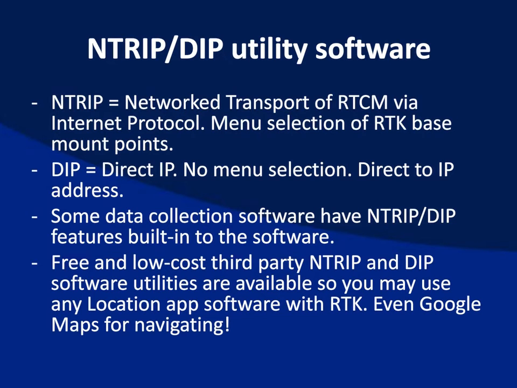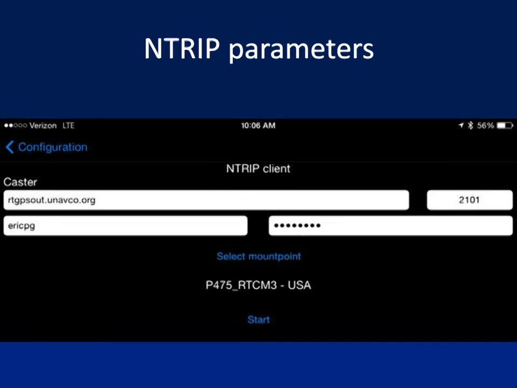So here's an example of a screen. This is actually on an iPad, using an NTRIP utility app for accessing an RTK base, and this is what I use down in San Diego. The caster is actually the IP address for the RTK vendor, even though it's a public organization.